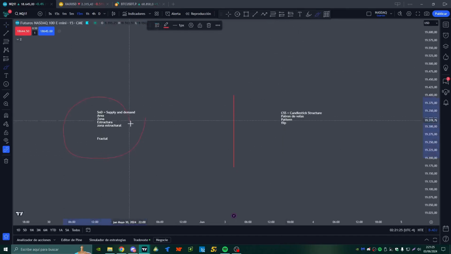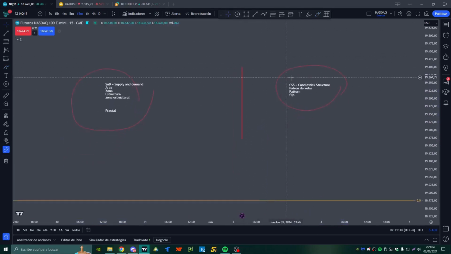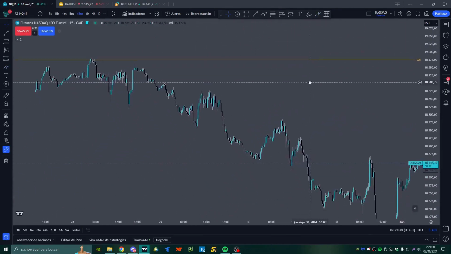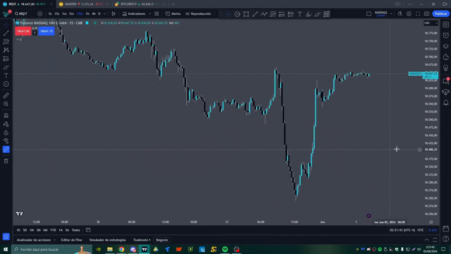So on one side, we have the areas, the zones, and on the other side, we have the candle pattern. And the candle pattern will be a way to identify a structure change in a lower time frame using fractals.